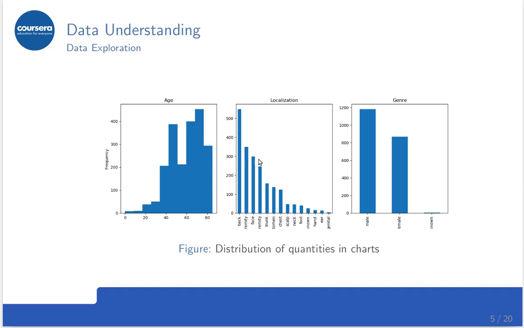Here we have three charts that explore the attributes age, localization of the lesion, and gender of patients, and we can see this data is balanced. After that, one class has few examples, but it's not a problem because the data is not concentrated in only one value.